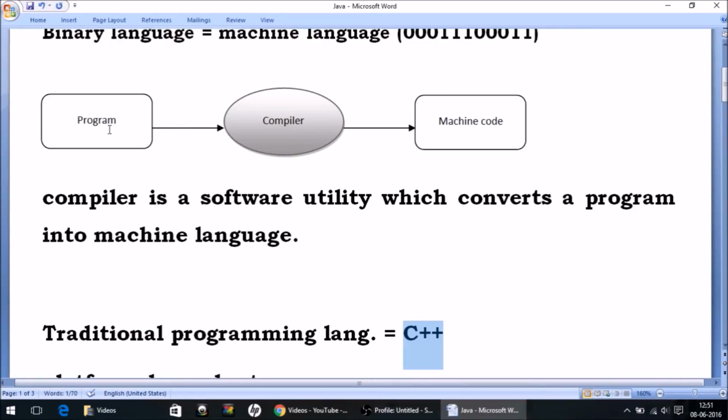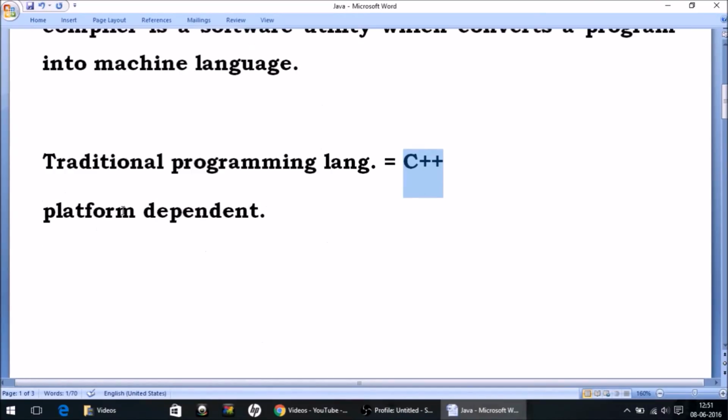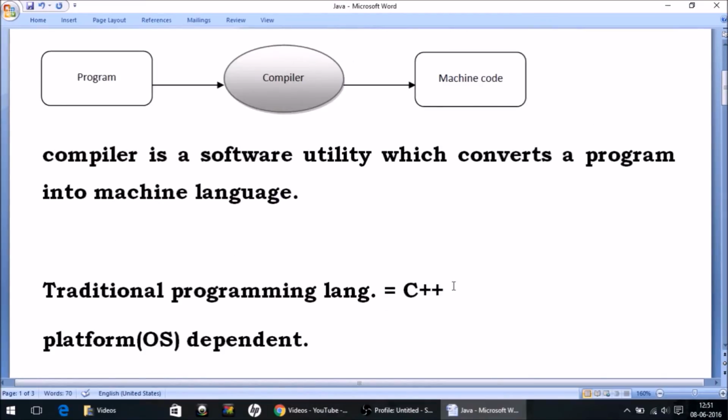So for example, if I had written my program in C++ on Windows operating system, I will be able to execute that program only on Windows machines. So this is what we mean. The word platform means nothing but your operating system. So this is the problem with C++.